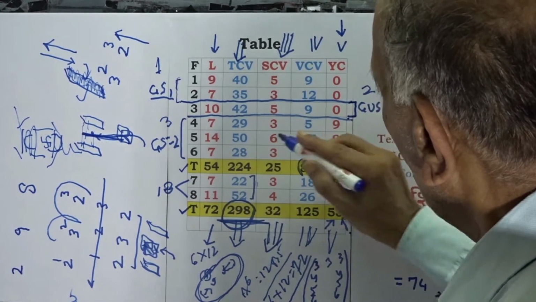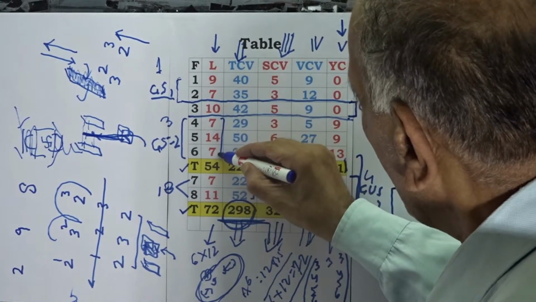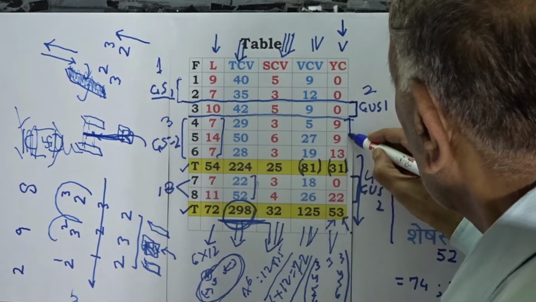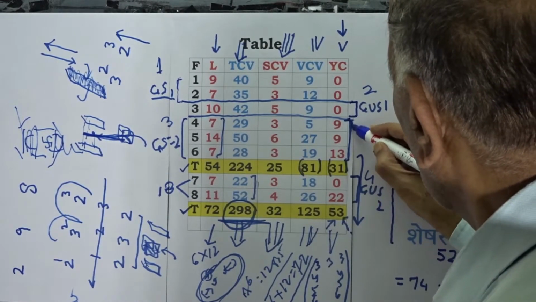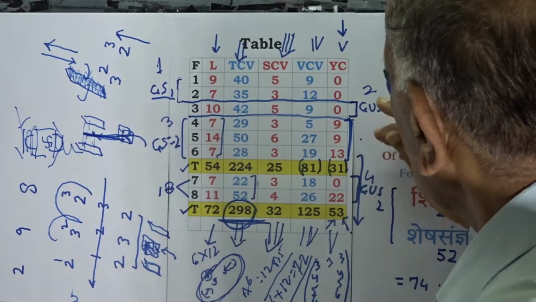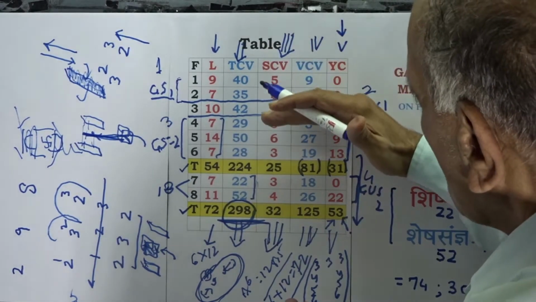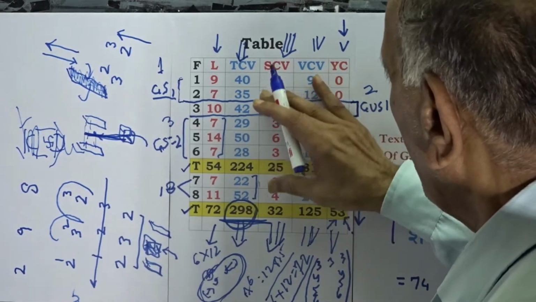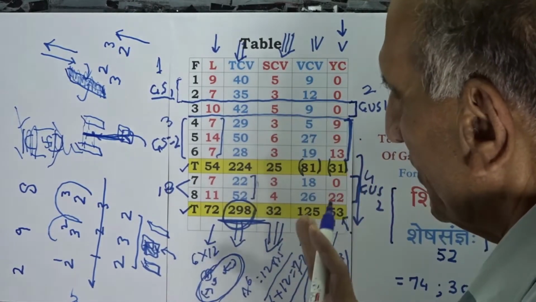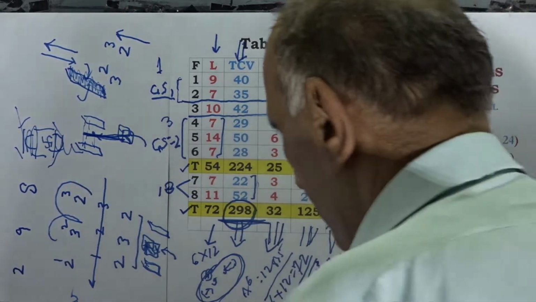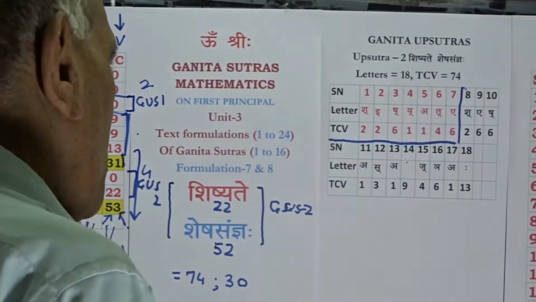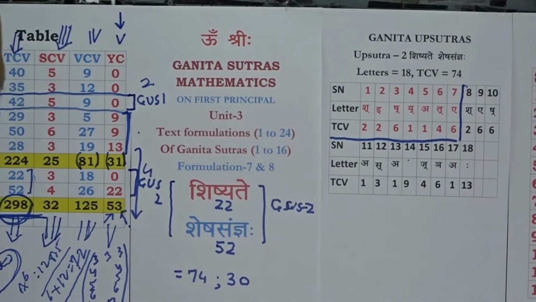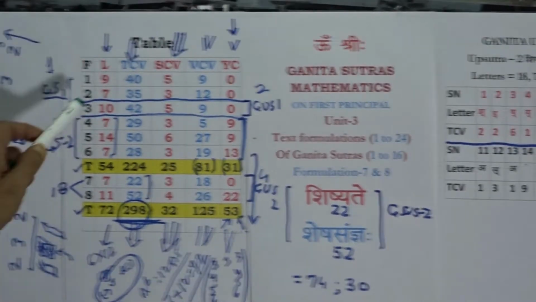From here, when these 3 formulations together form the text of Ganita Sutra 2, this will be another phase. Like that, phase wise and sequentially, we have to reach this. Here we will be face to face with the fact that mathematics is step by step going to be a very, very rich spectrum.